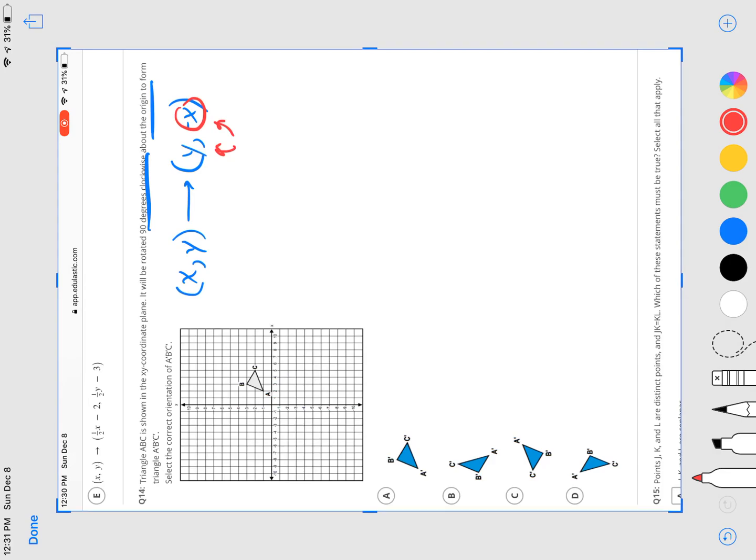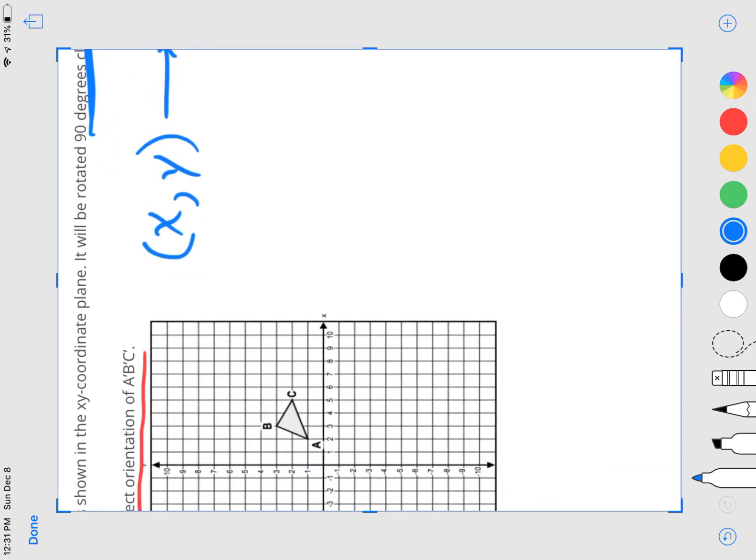Okay, select the correct orientation of A prime, B prime, C prime. Oh, it's not even looking for coordinates. Okay. Well, I guess we can do it anyways. That'll make it easier. So let's look at A. Coordinates of A are 2, 1.